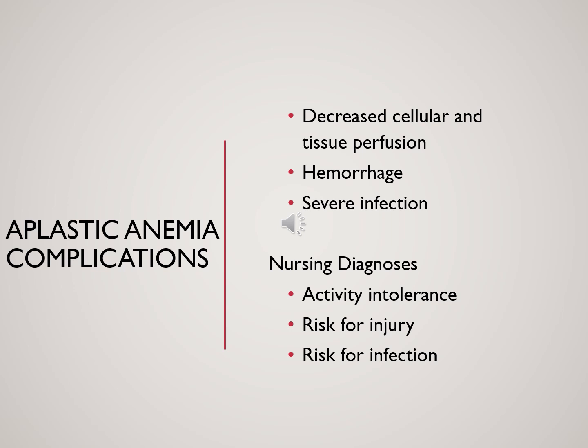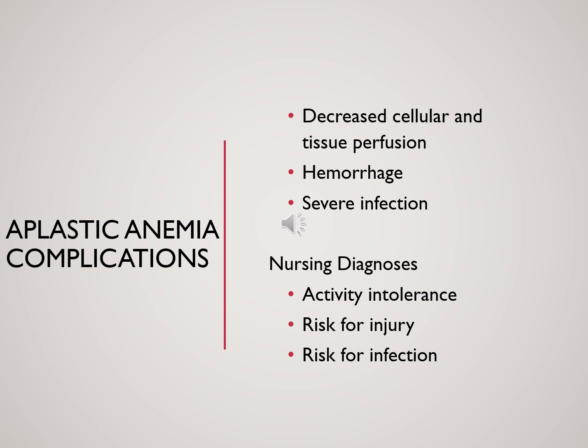When we look at our nursing diagnoses, we have activity intolerance that's related to the decreased oxygen carrying capacity secondary to decreased red blood cells. We also have a risk for injury related to decreased platelets secondary to bone marrow suppression, and risk for infection related to decreased white blood cells secondary to bone marrow suppression.